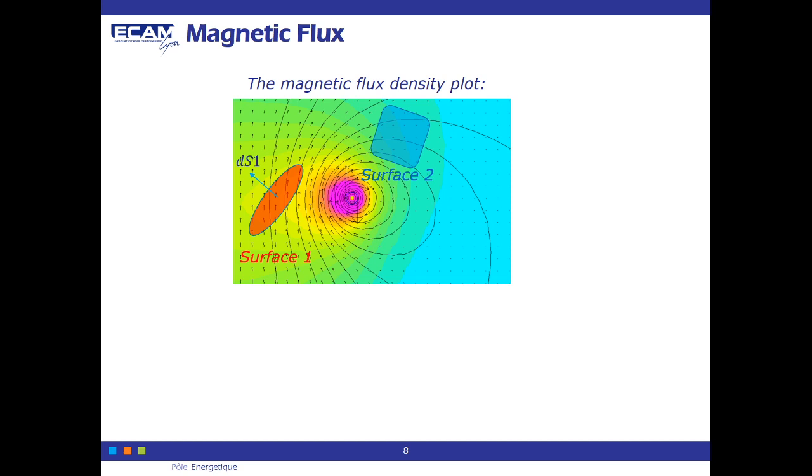And in fact, we mentioned that in magnetic field or magnetostatic calculations, we use the cross product. So some of the magnetic flux density passing through surface 1 will be parallel, some of them will be orthogonal.